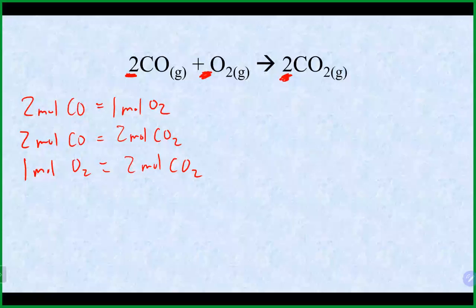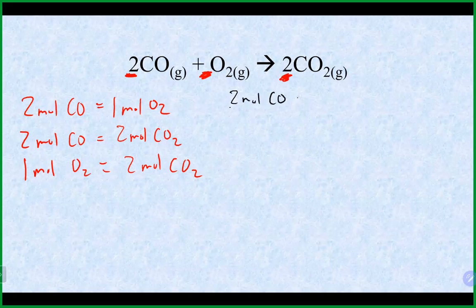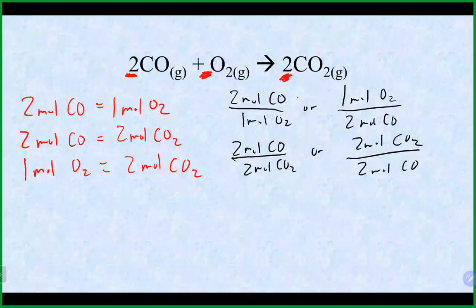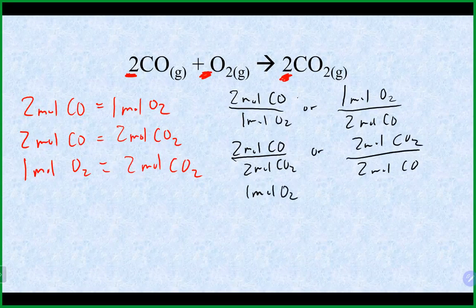For the first one, we could say there are 2 moles of CO over 1 mole of O2, or 1 mole of O2 is 2 moles of CO. For the second one, we could say 2 moles of CO over 2 moles of CO2, or 2 moles of CO2 over 2 moles of CO. And lastly, for the last one, 1 mole of O2 over 2 moles of CO2, or 2 moles of CO2 over 1 mole of O2.